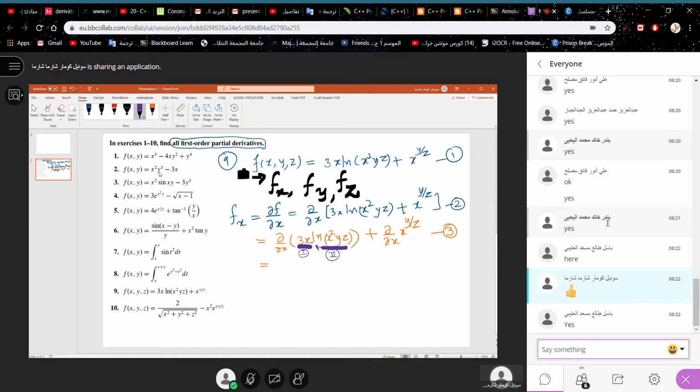Derivative of product of two functions is first into derivative of second, ln(x square yz), plus second, ln(x square yz), into del upon del x of 3x. Right?